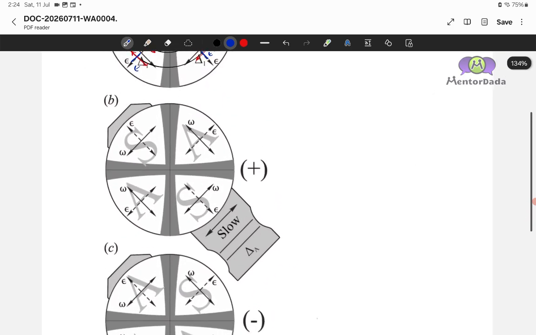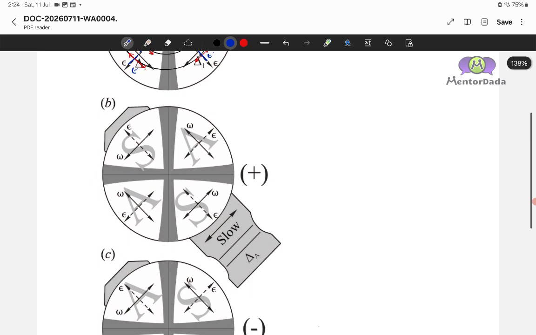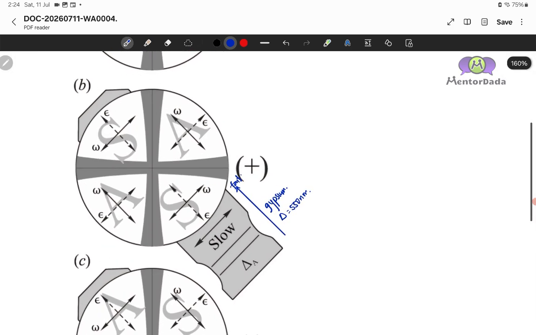And right now what we will do, we will insert a length-fast gypsum plate. Look, a gypsum plate is such a plate that can create a retardation of 550 nanometer, right? So as you are inserting this gypsum plate, you can see some color rises and falls in these sectors.